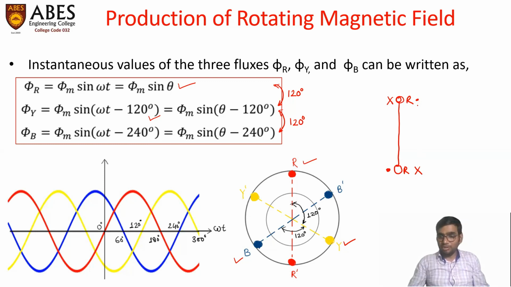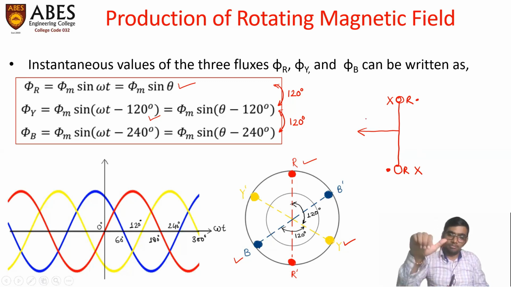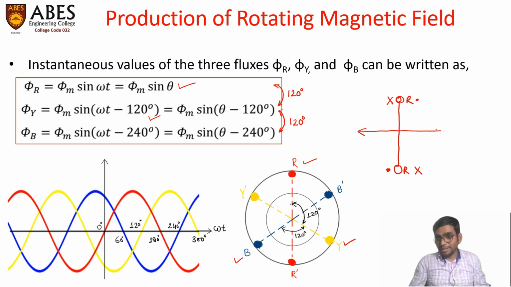So the direction of the magnetic flux produced by the red phase will also reverse. For the positive half cycle, the direction of magnetic flux will be leftward, which can be found using the right hand thumb rule. For the negative half cycle, the direction of magnetic flux will be rightward. The same phenomenon works for the remaining two phases.